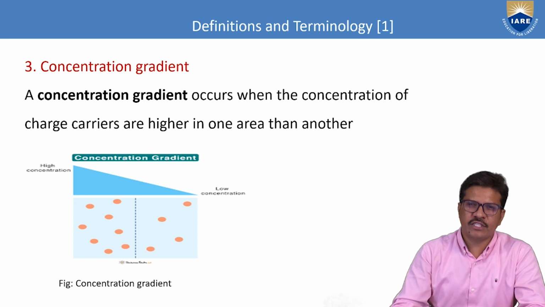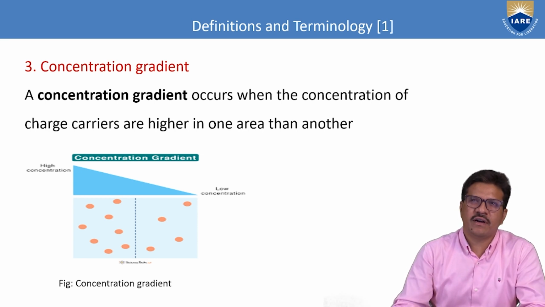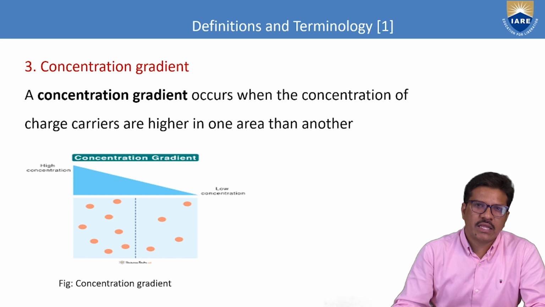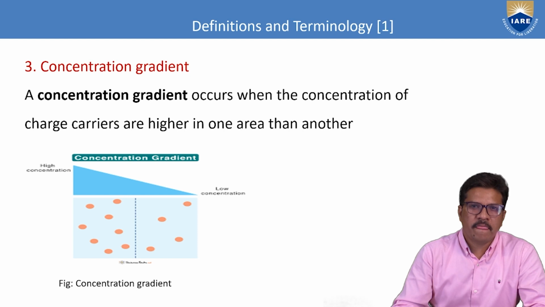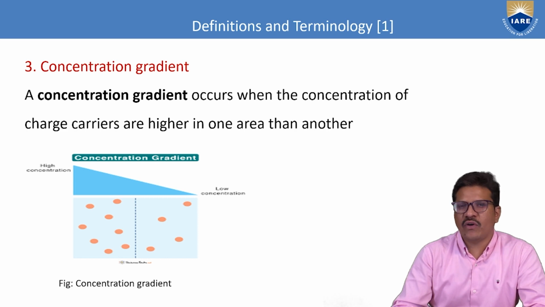Concentration gradient. This is the most important terminology definition. Gradient is nothing but a change, and a concentration gradient occurs when the concentration of charge carriers is higher in one region than in the other region.